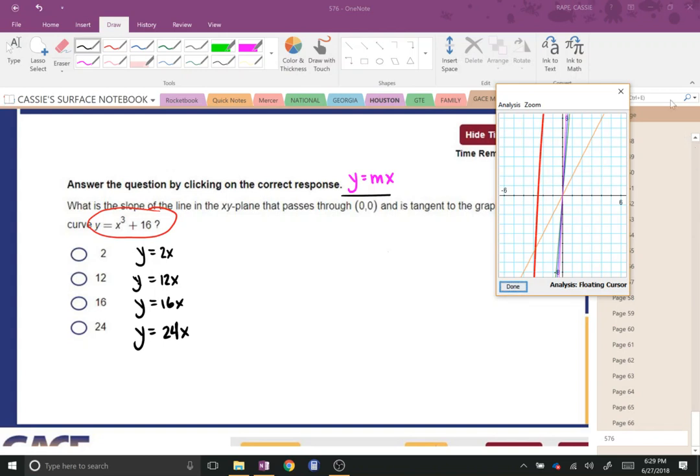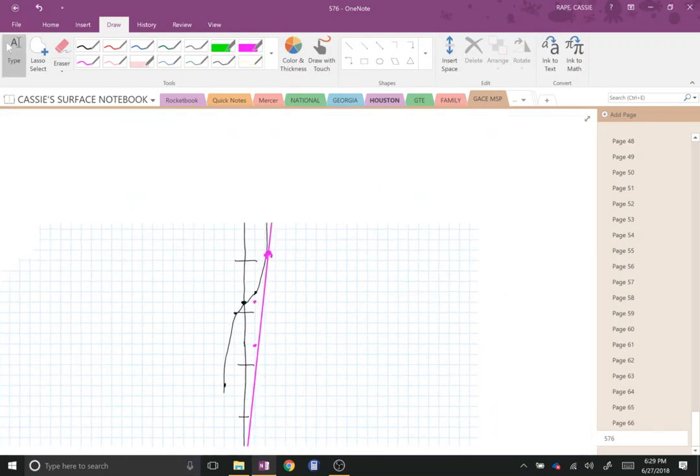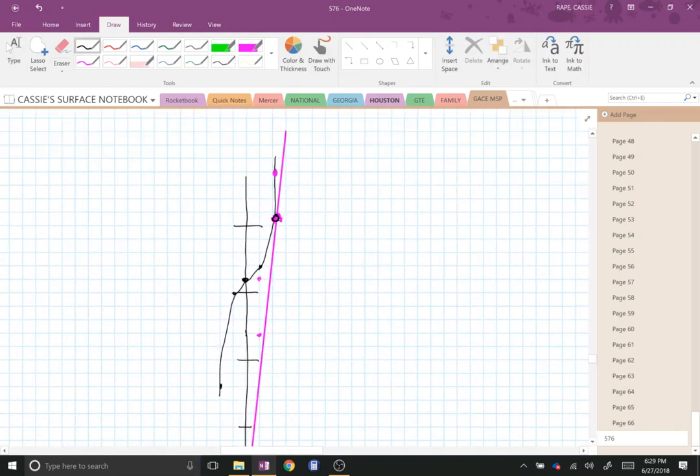First of all, none of these look tangent, and let me just give you a by the way, because I don't know how much we've talked about this. A tangent line means it just barely kisses at one and only one point. So if I had a tangent line at that point, it would just be right there.